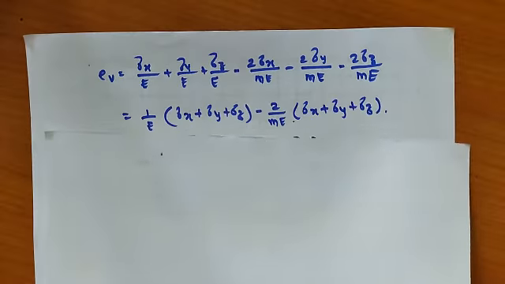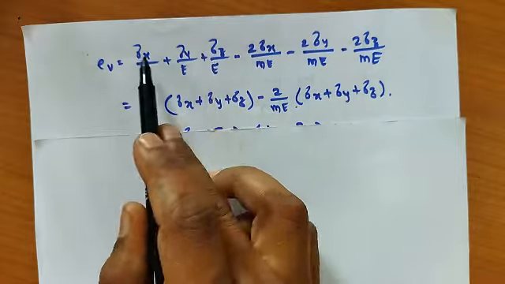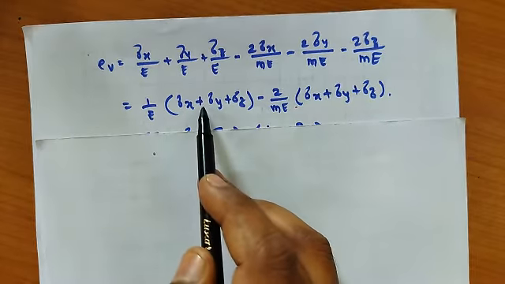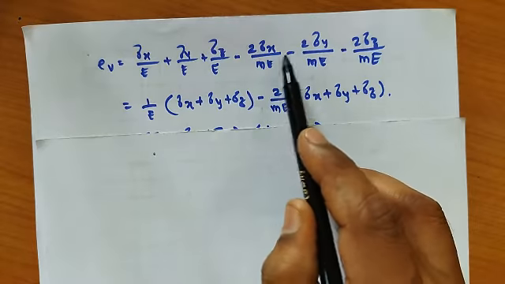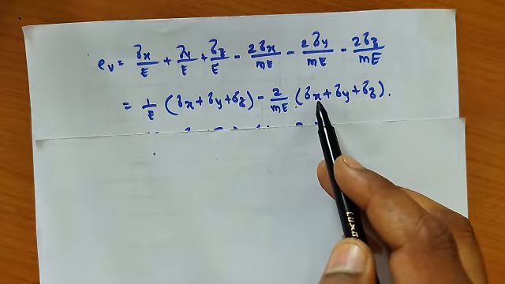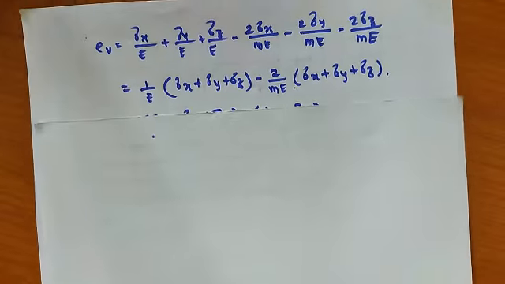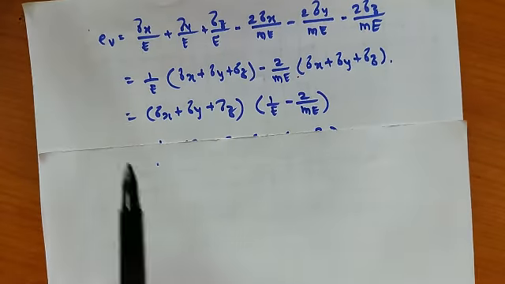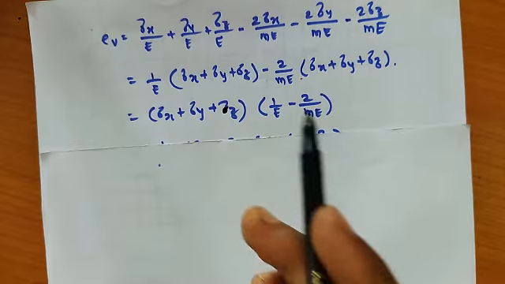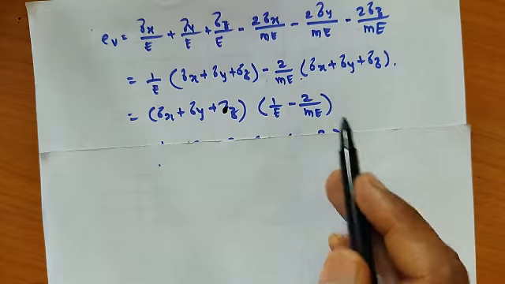Now after simplification, we take common 1 upon E in bracket sigma X plus sigma Y plus sigma Z, and minus 2 divided by mE in bracket sigma X plus sigma Y plus sigma Z. Taking common the sum of stresses, sigma X plus sigma Y plus sigma Z, multiplied with the bracket 1 upon E minus 2 by mE.